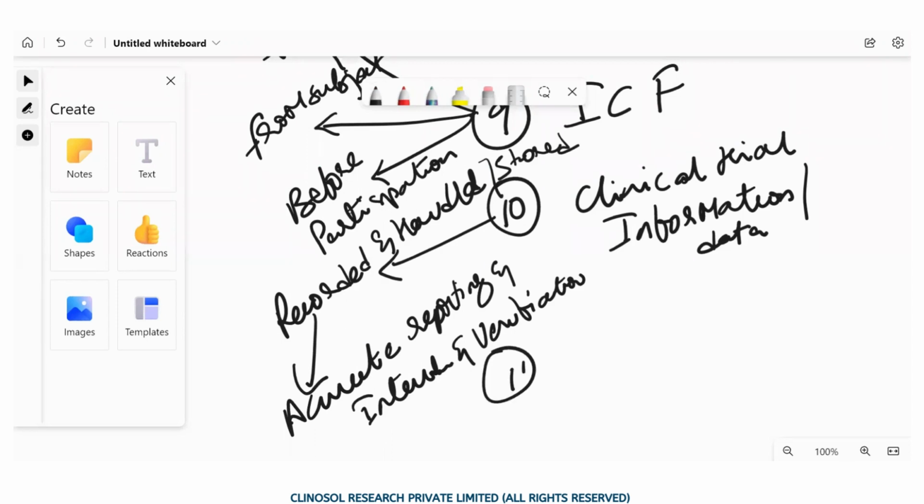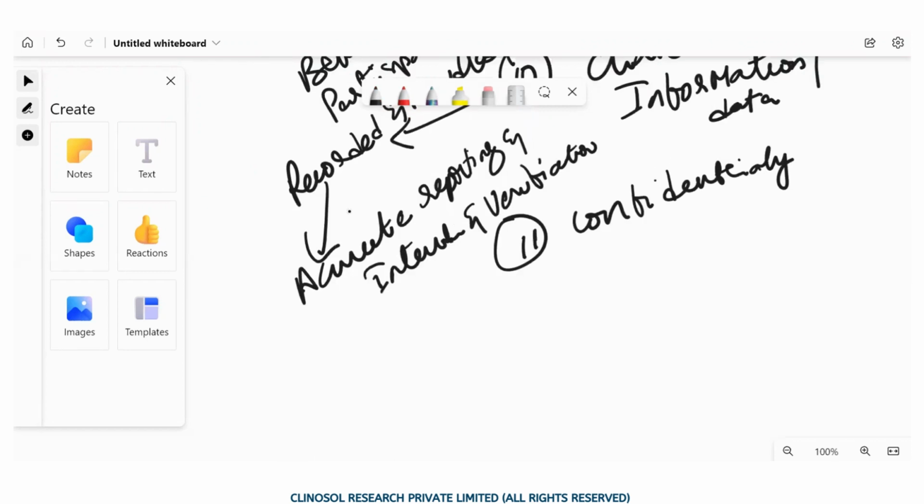Now coming to principle number 11. You need to remember confidentiality. The confidentiality of the subject is the most important priority, in accordance with applicable regulatory requirements. So make sure we respect the privacy information of the subject.